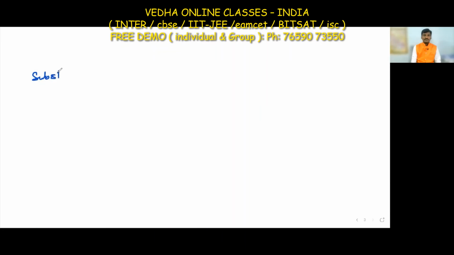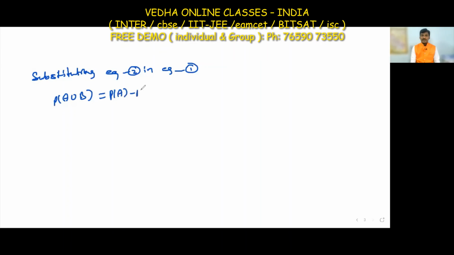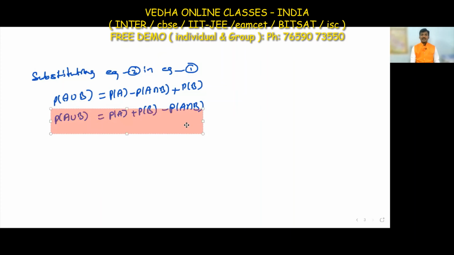Substituting equation 2 in equation 1, probability of A union B is equal to probability of A minus B, replaced with probability of A minus probability of A intersection B. And after that, we have probability of B, write that as is, plus probability of B. Now, probability of A union B is equal to probability of A plus probability of B minus probability of A intersection B. This is the required.